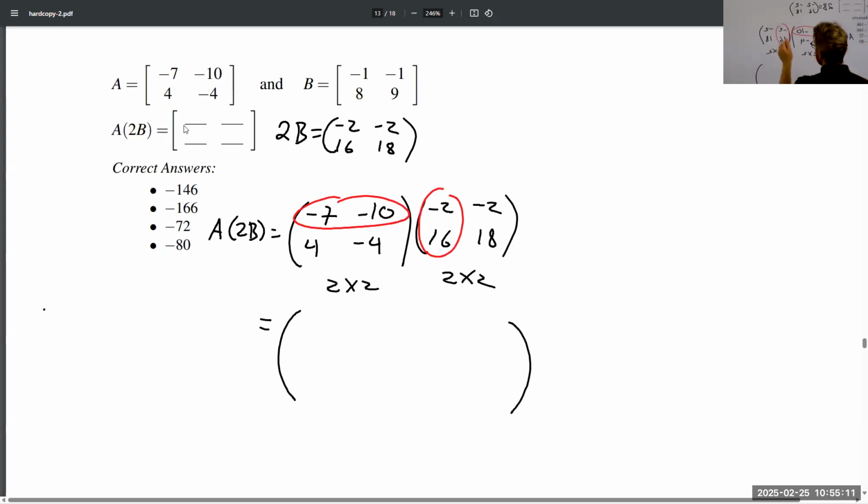So -7 times -2 would give me +14. -10 times +16 would be -160. Row by column. So you get 14 again, and then negative 180.